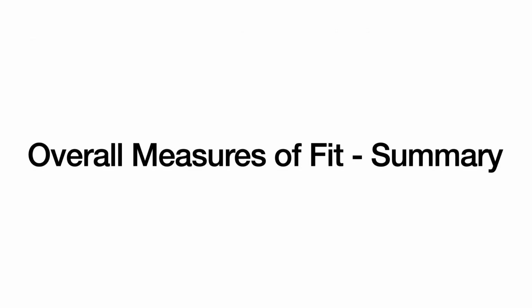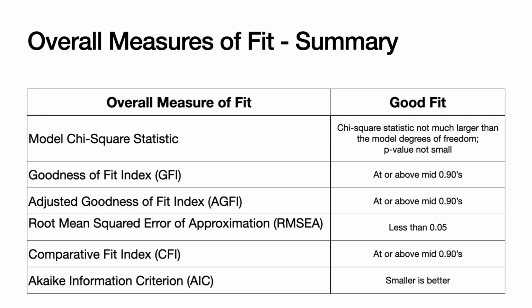Okay, so let's look at a quick summary of these various overall measures of fit that we've looked at. Here we have a table containing the 6 overall measures of fit. For the model chi-square statistic, a good fit is indicated when the chi-square statistic is not much larger than the model degrees of freedom, and when the p-value is not terribly small.